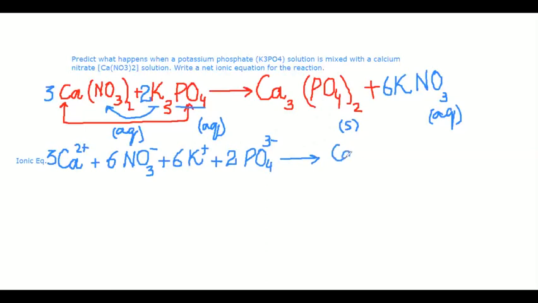We have to write it as it is. So again it is soluble, so 6 positive ion and 6 nitrate ion.